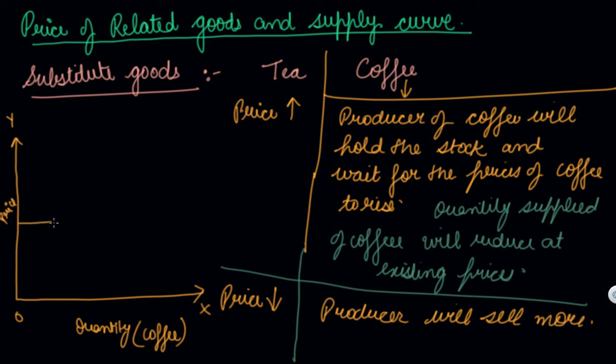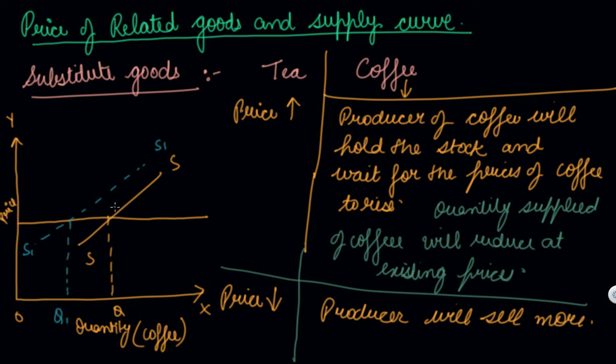See, your price of coffee is constant. At this price, you were selling quantity Q and your supply curve was this, right? So now what happens? Your price of tea goes up. Your coffee quantity supplied will reduce. This is your decrease in your supply curve.